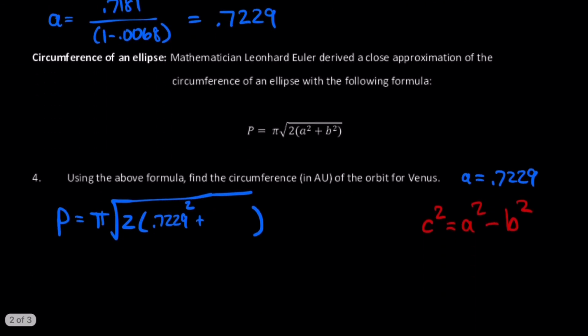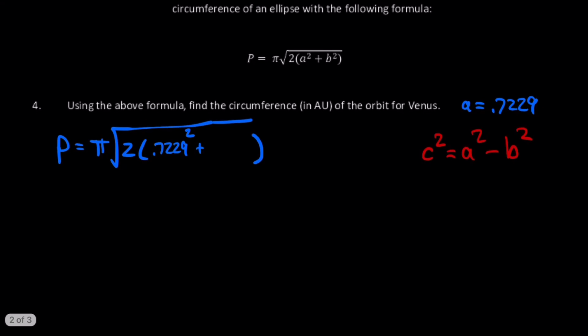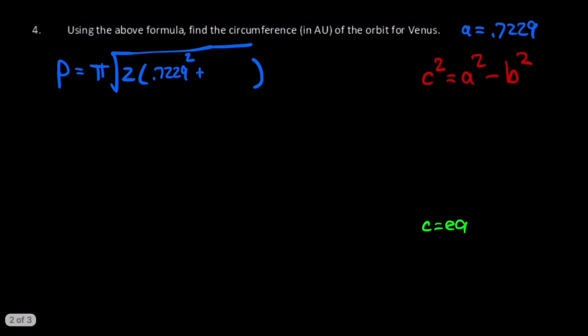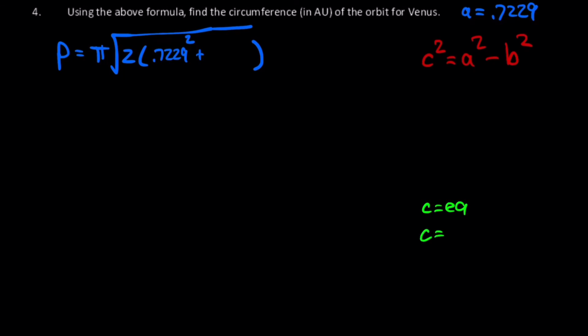So for Venus, C is going to equal 0.0068. That's what we got for E, the eccentricity. It was given to us, times 0.7229. So if I do that on the calculator and go out a few decimal places, C is 0.00495.